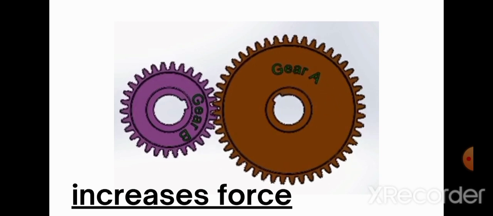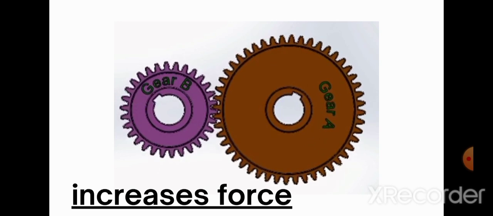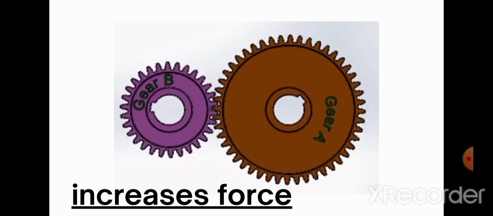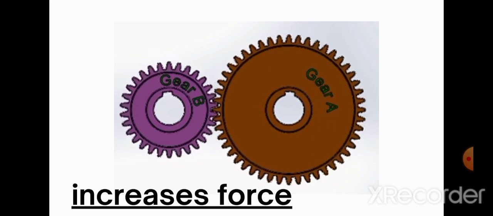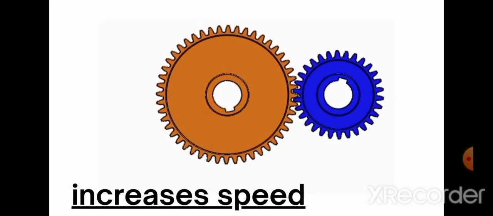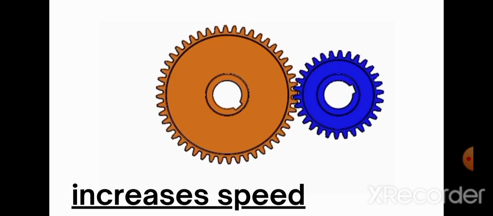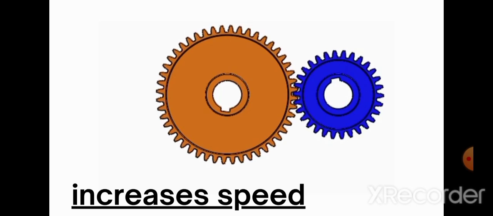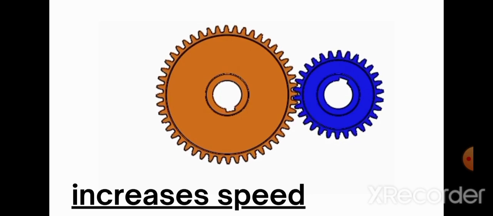When you have two gears and the driving gear is smaller than the driven gear, then that gear train is to increase force. But when the driving gear is bigger than the driven gear, then it is needed to increase speed.